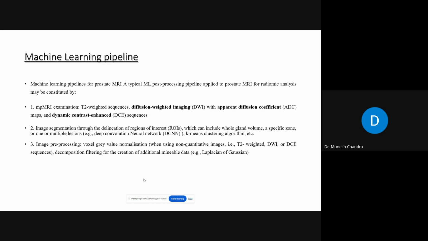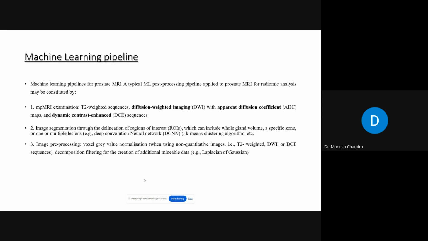Whenever we are talking about the analysis and identification, first we have to take the MP-MRI image and examine that particular image. Then we do image segmentation, which is done with the region of interest, the particular region we want to focus on.